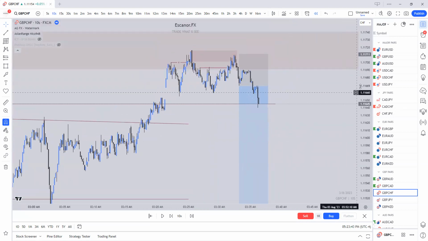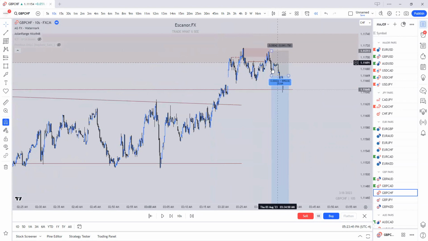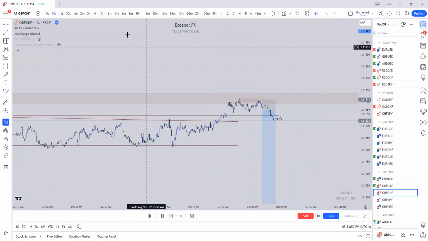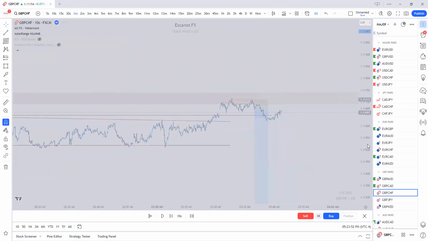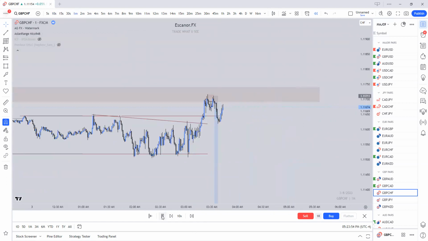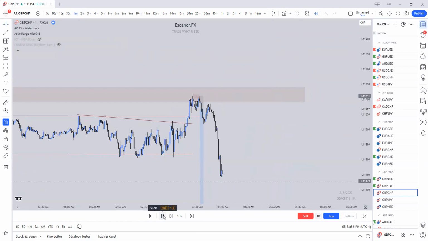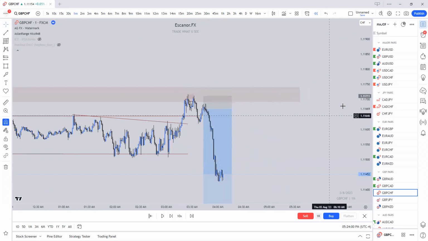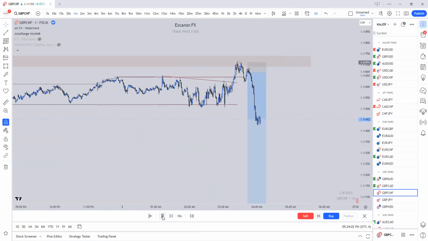Okay, so I just set a market execution. I took the trade, and then, so let's come back here. Okay, so this is the trade.